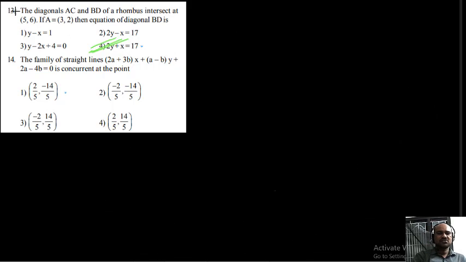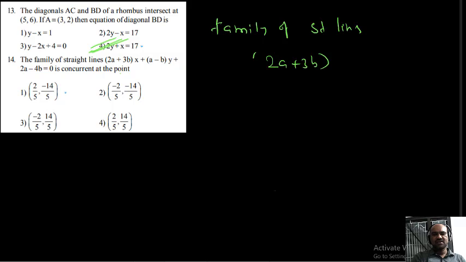Okay students, next question. The family of straight lines concurrent at the point. Interesting problem. Family of straight lines: (2a plus 3b) into x plus (a minus b) into y plus (2a minus 4b) equal to 0.